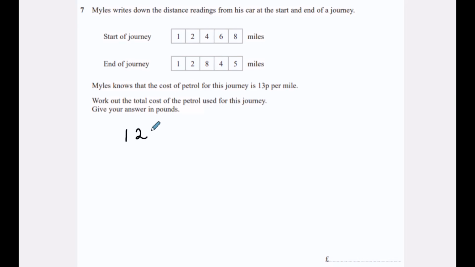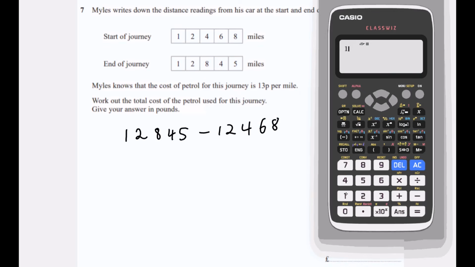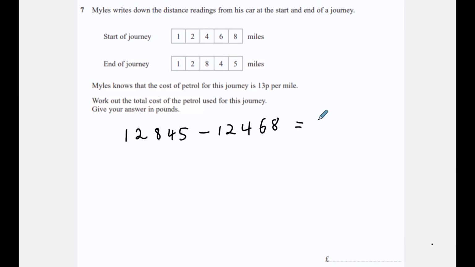So 12,845 take away 12,468. That's going to be how far he's travelled. So we can just grab a calculator. 12,845 take away 12,468 is 377. So his journey was a 377-mile journey.